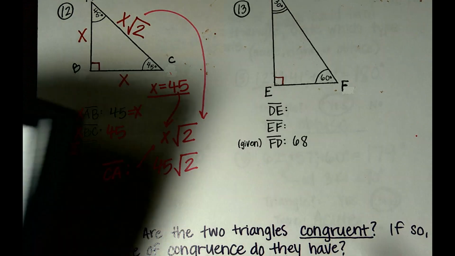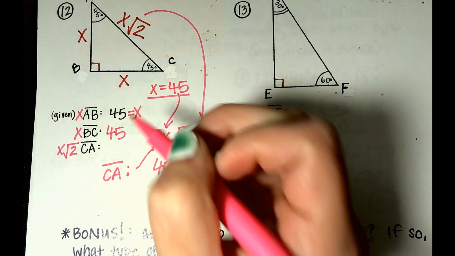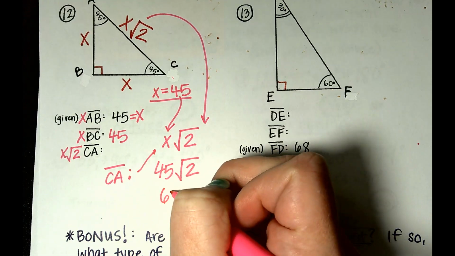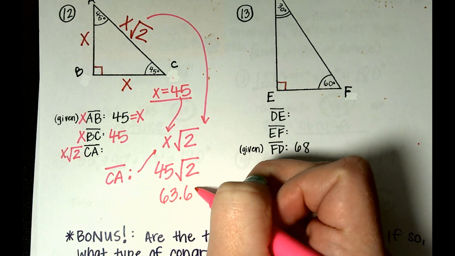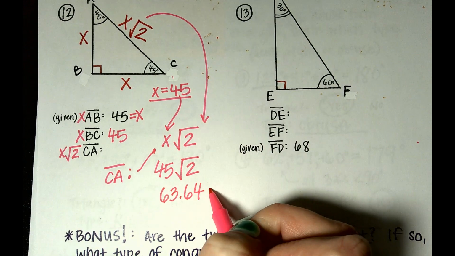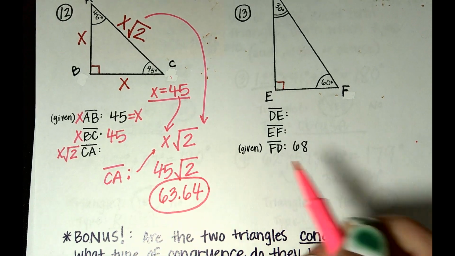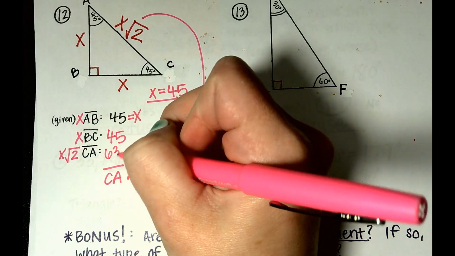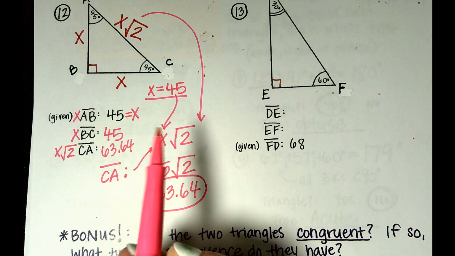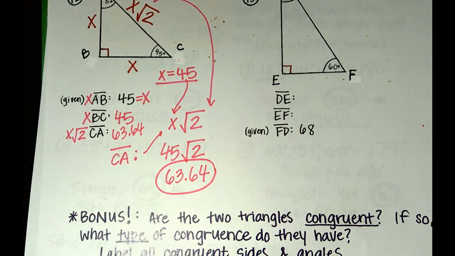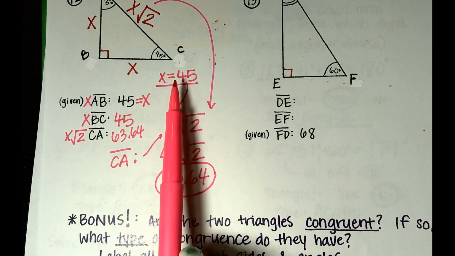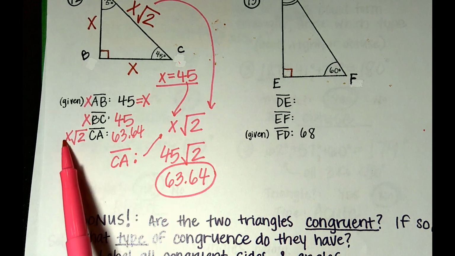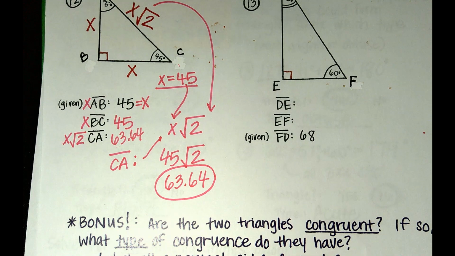So that means this is 63 point, you can say 63 or 64. There we go, 63.64. Now that's not x, that's x radical 2. Remember we found x was 45. So we plugged x in and we got 63.64.